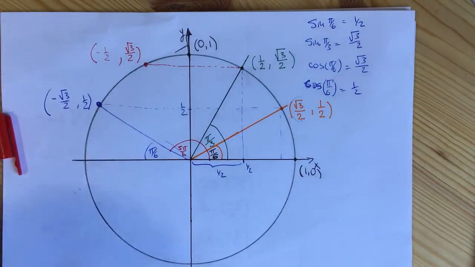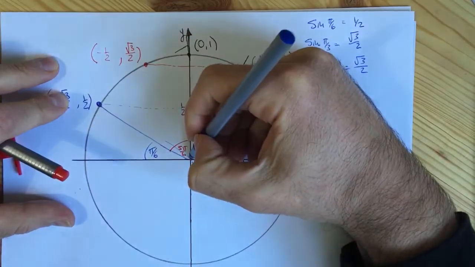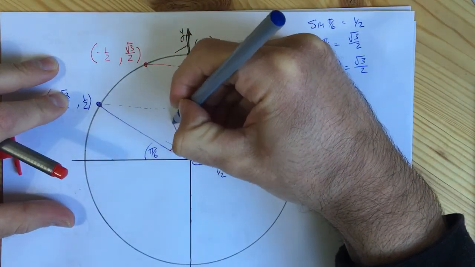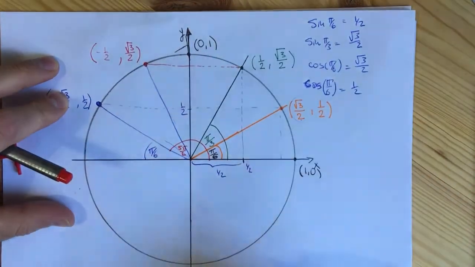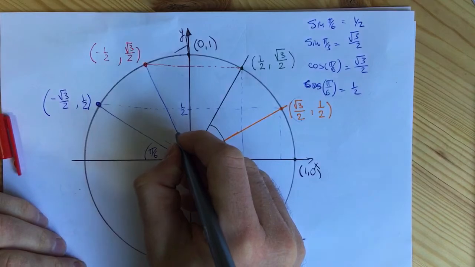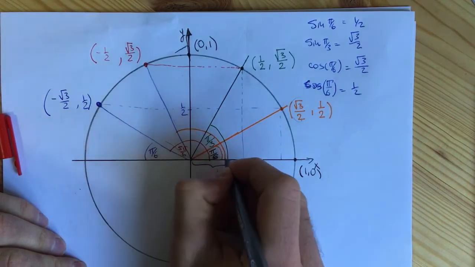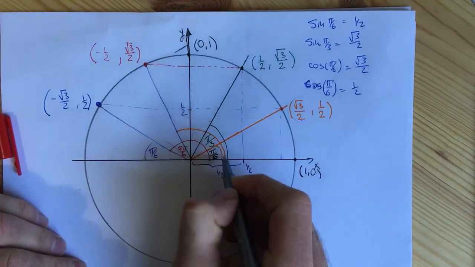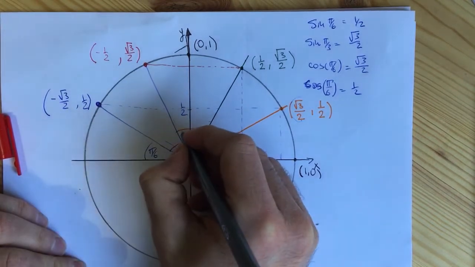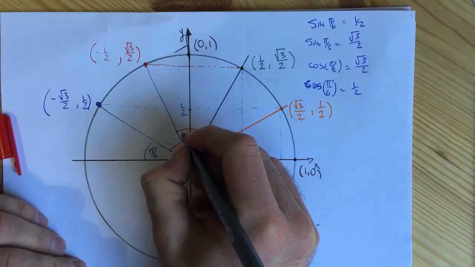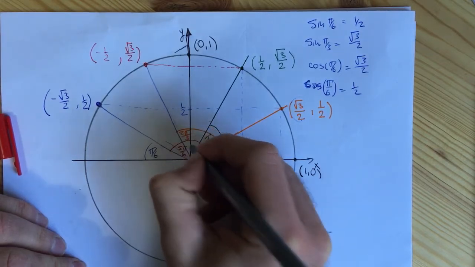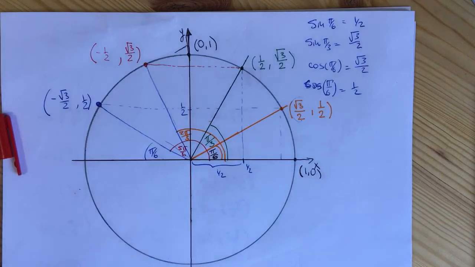Okay, this angle on the other hand, so this angle would be what? If this is pi over 3, that means this is pi over 3. So pi minus pi over 3 is 2 pi over 3. Okay?